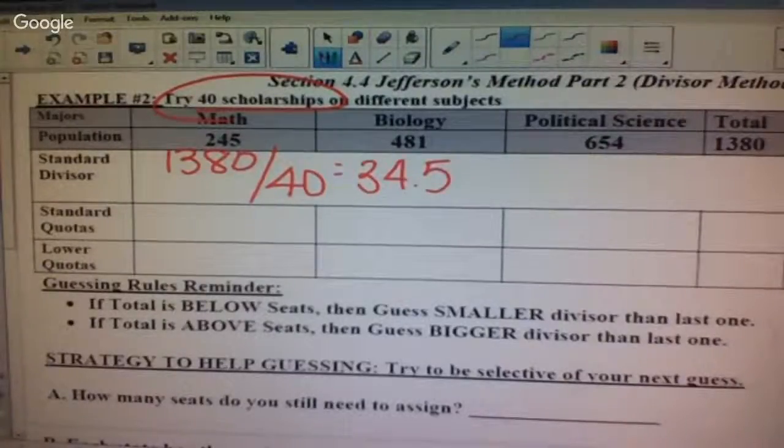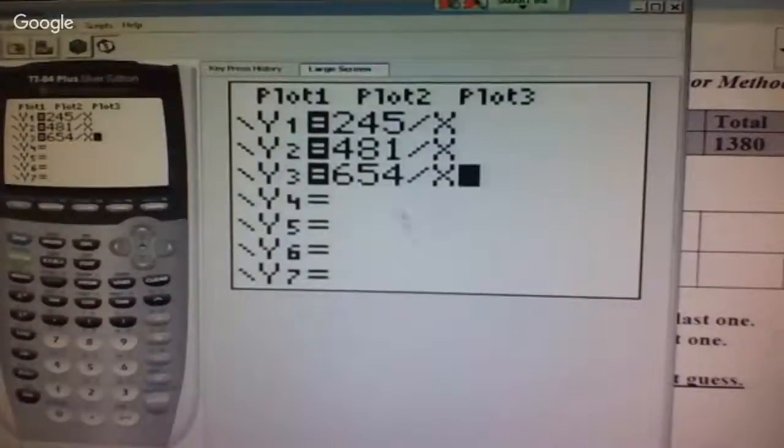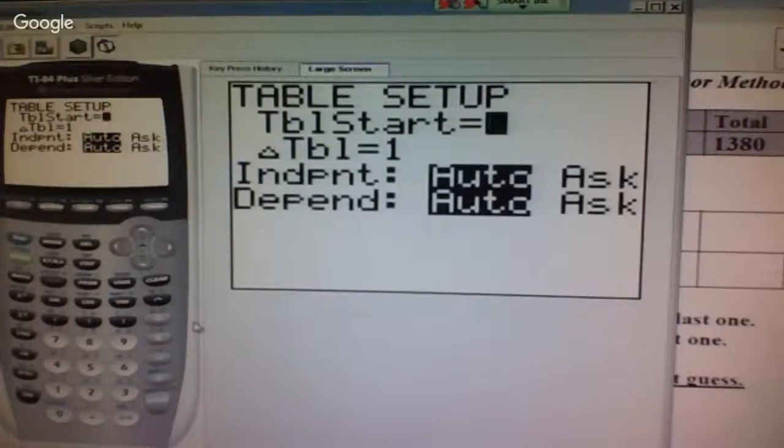So normally you would have to sit here and divide each one of those by that, right? We don't have to do that anymore. Watch. So if you go back to your calculator, I want you to go to second window. This is where you tell your table to start. Instead of this reading 0, I want you to put in 34.5, your standard divisor that you just got.